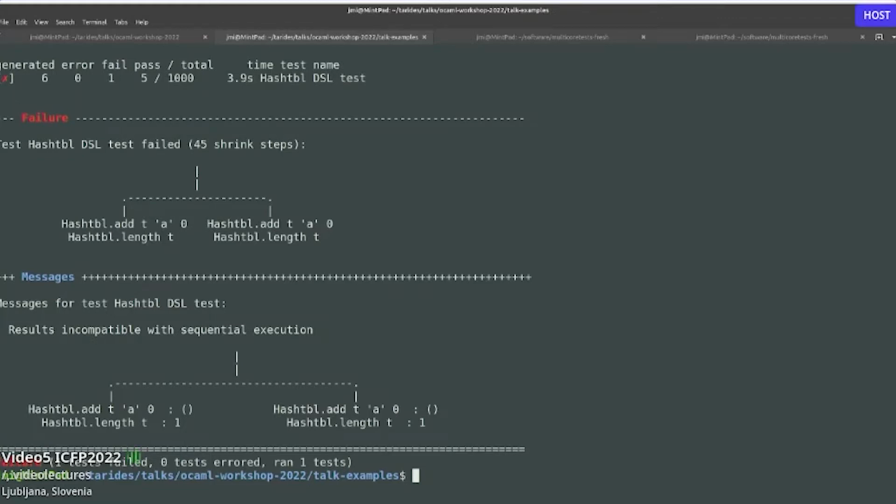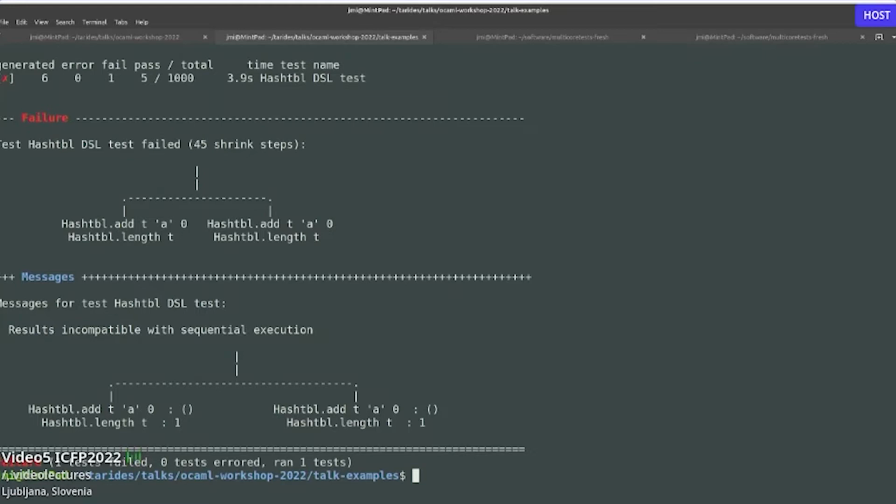The other possible interleaving could be add, and then length, but then that should give 2, and that's not compatible with the return values either, right? And so because of the symmetry, I don't think there, well, it's early, and I didn't get enough sleep, but I don't think there are other interleavings.